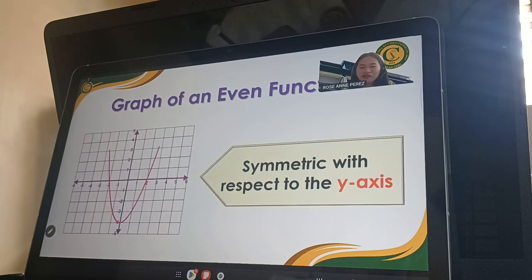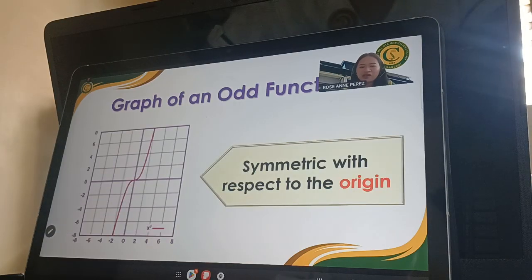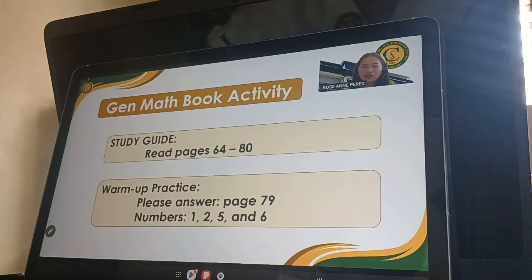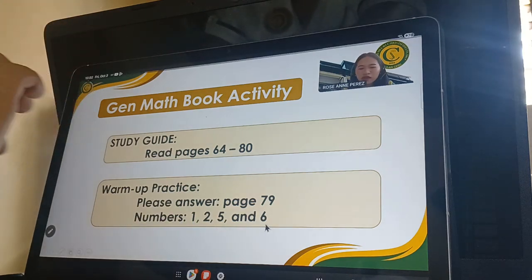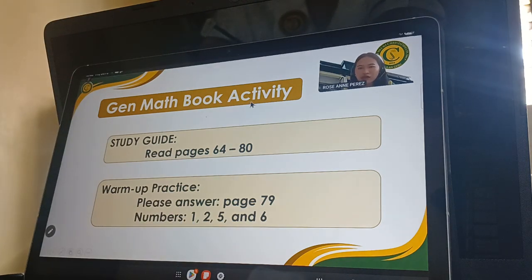And for the odd function, it's symmetric with respect to the origin. Okay, so again, for your book activity, you will be answering warm-up practice on page 79. Answer numbers 1, 2, 5, and 6 only in a one whole yellow paper.